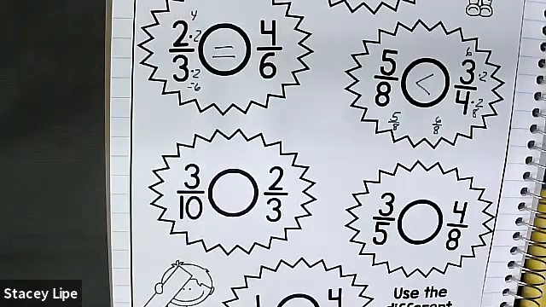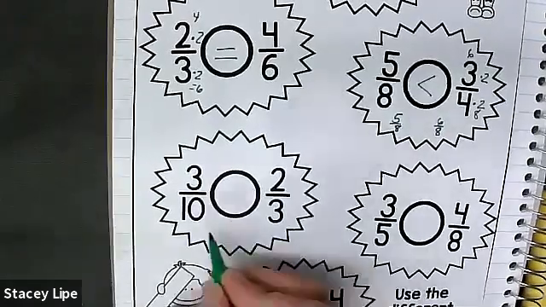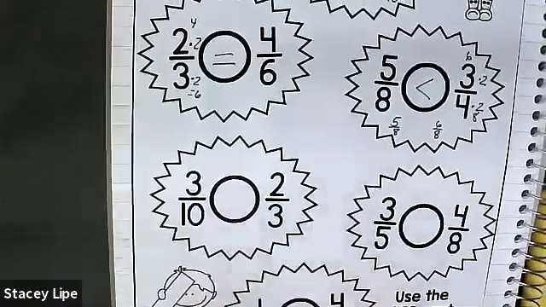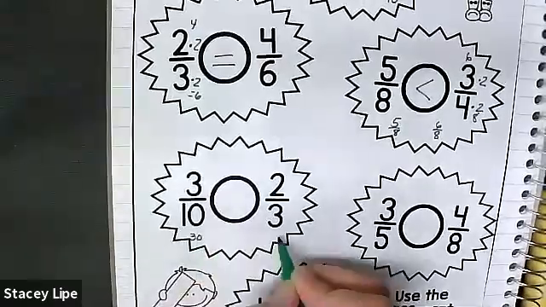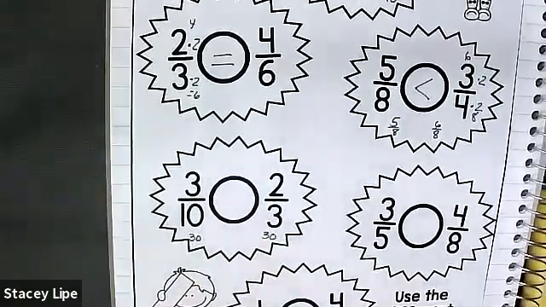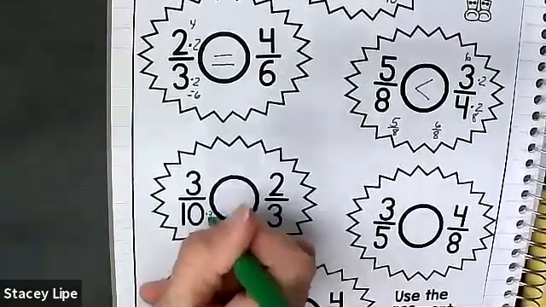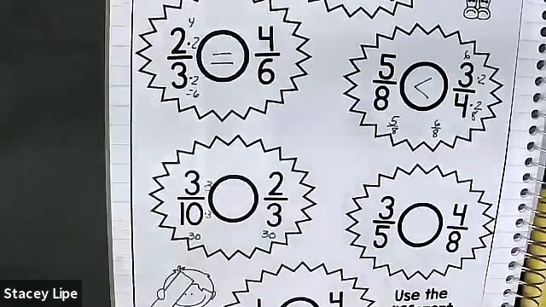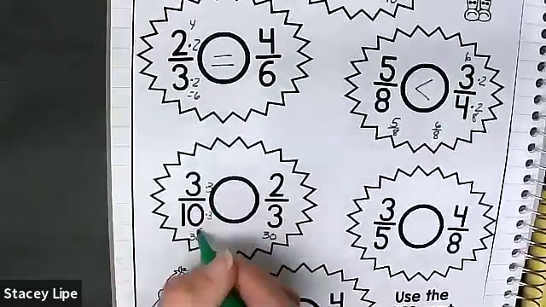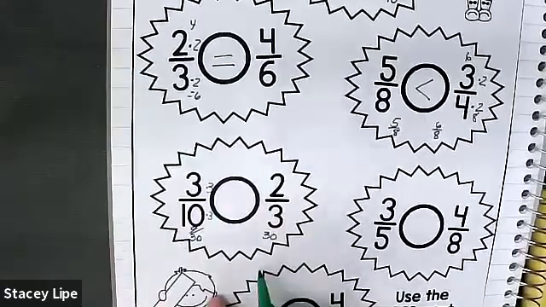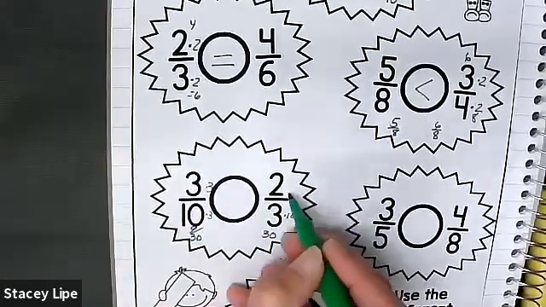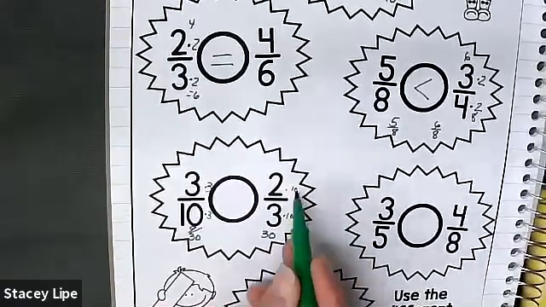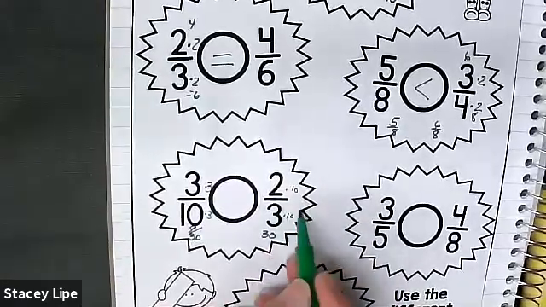All right, welcome back. We know that 10 times 3 is 30. So I'm going to write a 30 down here, and then I'm going to multiply the 3/10 by 3/3, which means we have 9/30. And then I'm going to multiply 2/3 by 10/10, which is the same thing as 1.